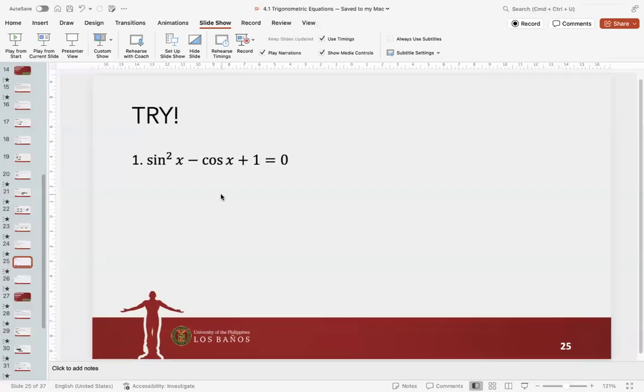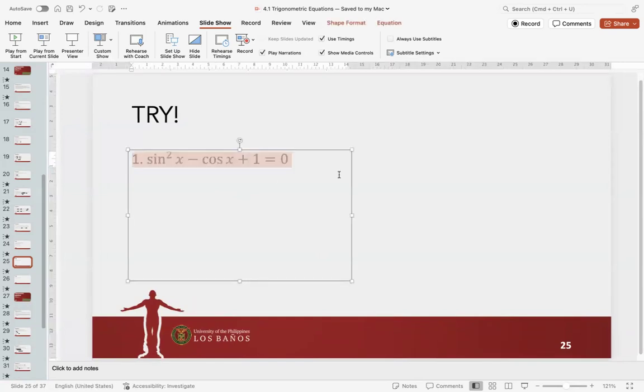All right. So now we try to answer this. So for number 1, the solution: what we do is to first change sine squared x in terms of cosine using your Pythagorean identity.